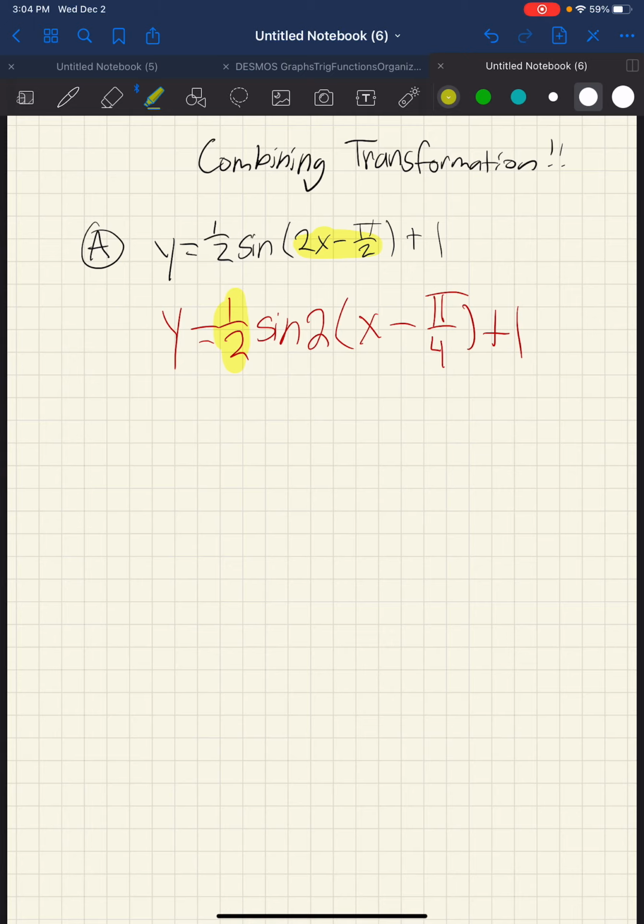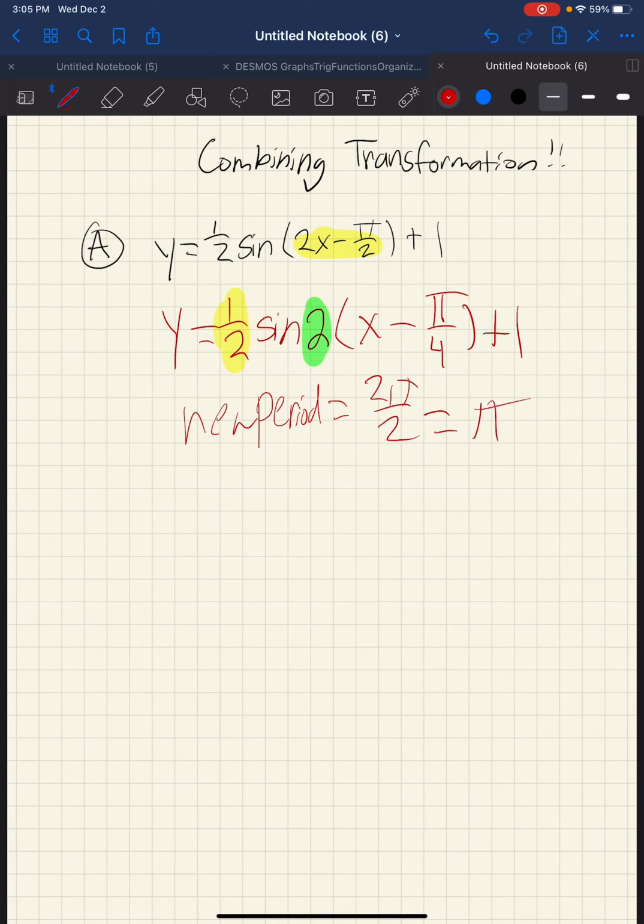It just affects the vertical stretch or compression. As you can see, it will compress. And then the 2, this one right here, was our b, and this will change our period to 2 pi over 2, which is now pi.